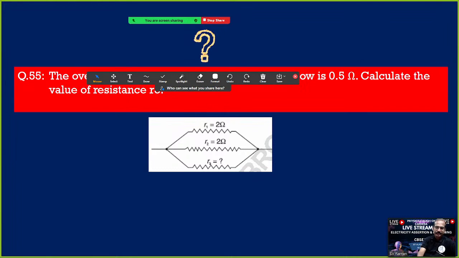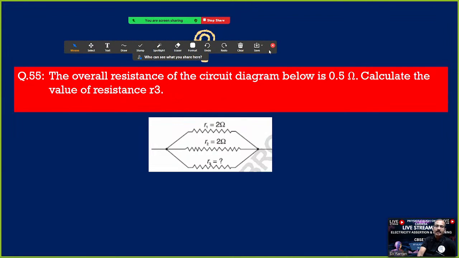The overall resistance of the circuit in the diagram below is 0.5 ohms. Calculate the value of resistance R3. All the three resistors are in parallel. So 1 by Rp is equal to 1 by R1 plus 1 by R2 plus 1 by R3. The total resultant resistance in parallel is 0.5.